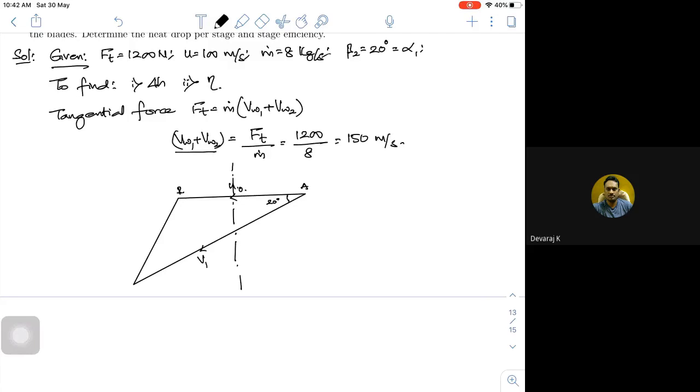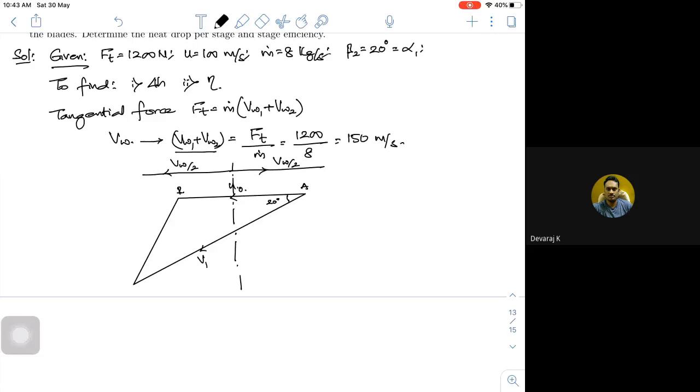The total, if you call this as VW, to the left hand side this will be VW by 2, and to the right hand side this will be VW by 2, exactly to the point, because this being a symmetric reaction turbine.